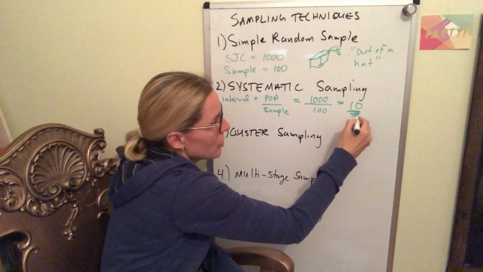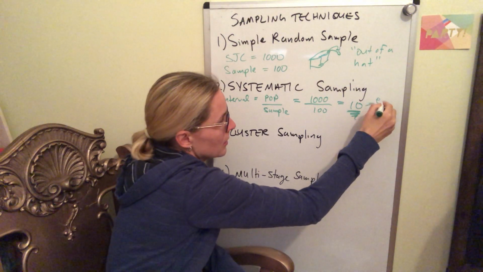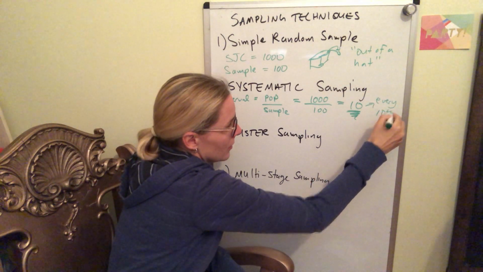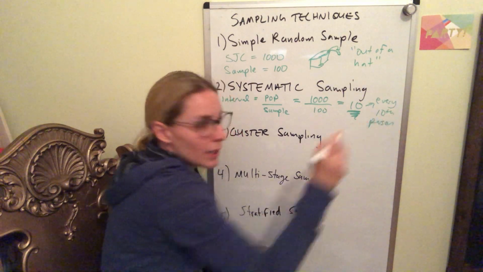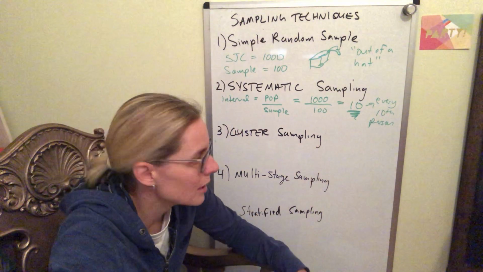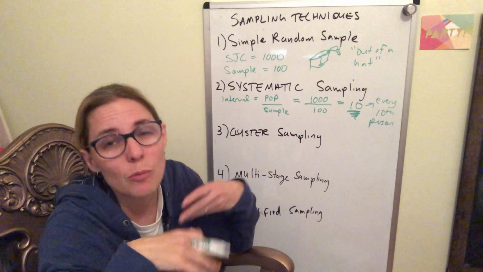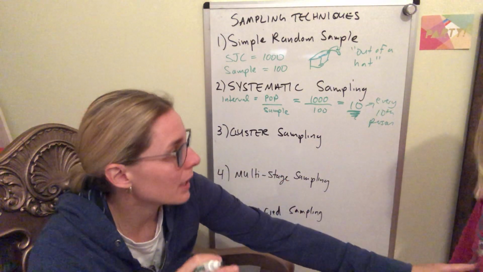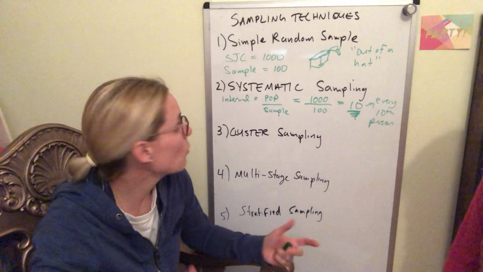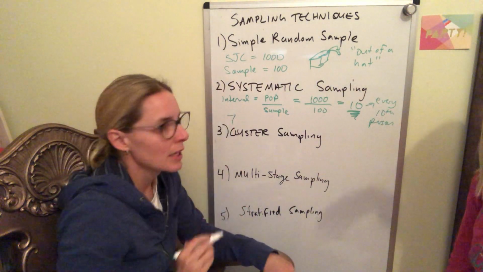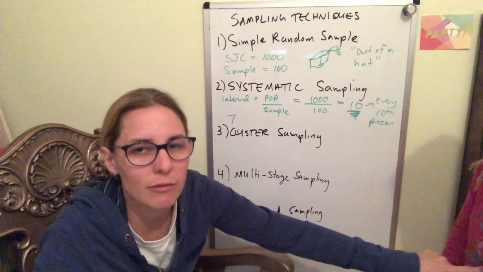That means we want to survey every 10th person. Sampling every 10th person means we have to line them up in some way, whether it's alphabetically or by student number, and we pick a random number between 1 and 10, let's say 7, and then from there we sample every 10th person.